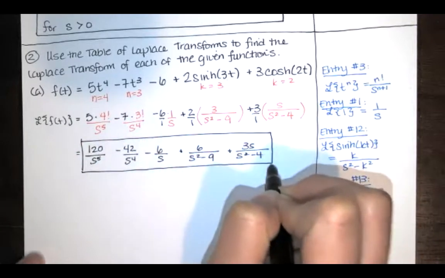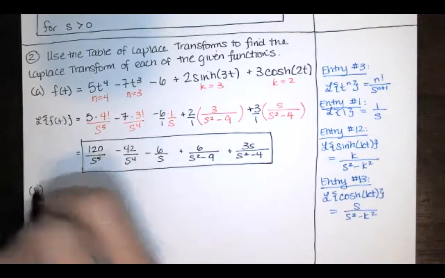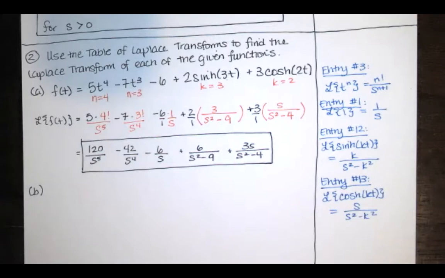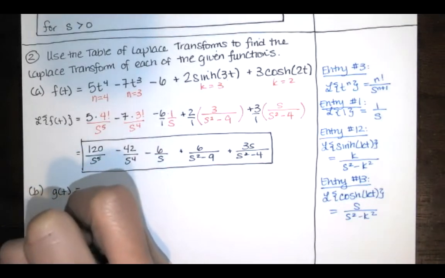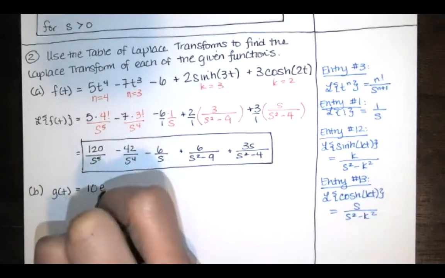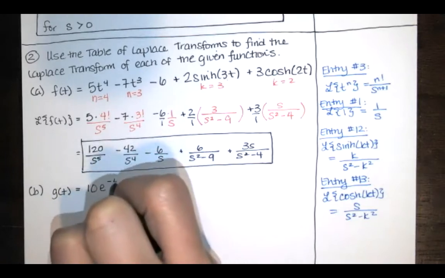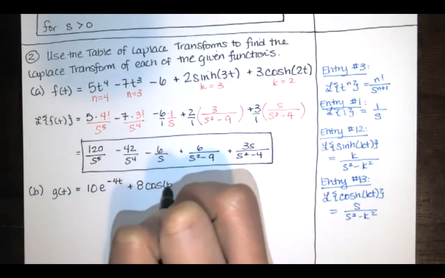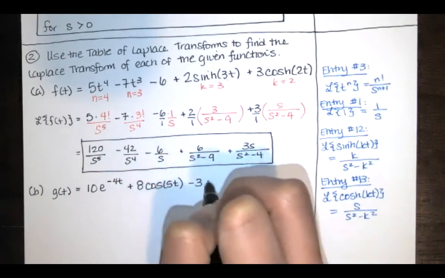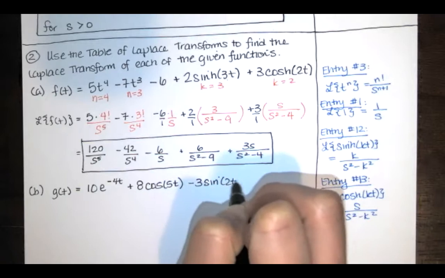Part B is very similar, but I think it involves different functions. So in part B, you're given g of t, and you're told that that equals 10 times e to the -4t plus 8 times cosine of 5t minus 3 times sine of 2t.